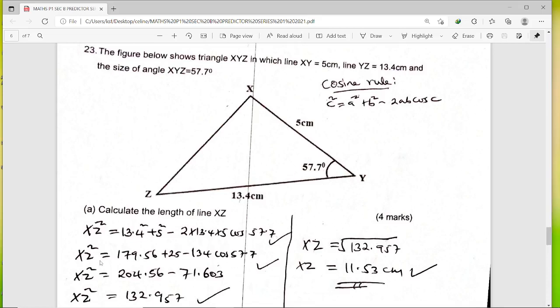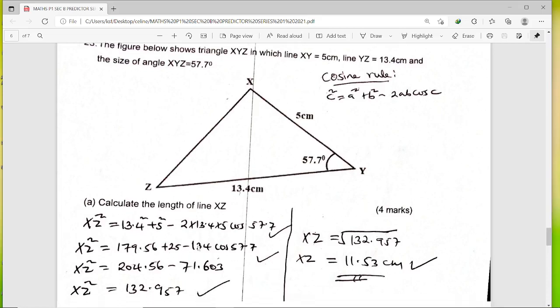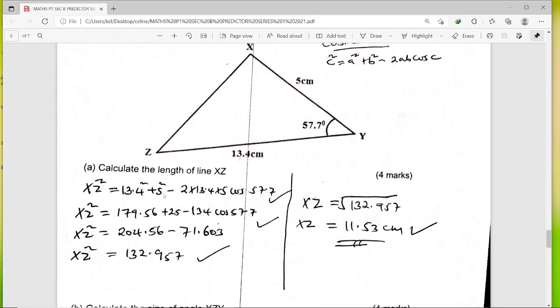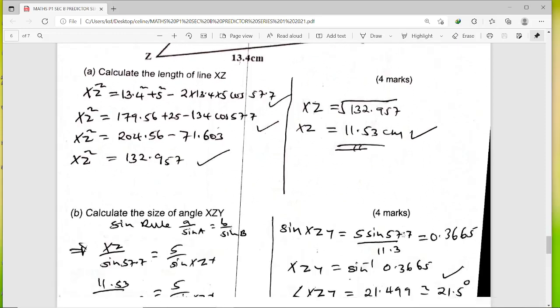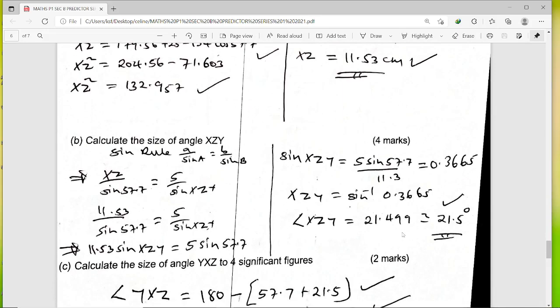We substitute all this. 13.4 squared plus 5 squared gives you 204.56, minus 2 times 13.4 times 5 times cos of 57.7, which gives you 71.603. We subtract and get 132.957. We take the square root to find XZ, which gives you 11.53 centimeters. So we go ahead and calculate the size of XZY.